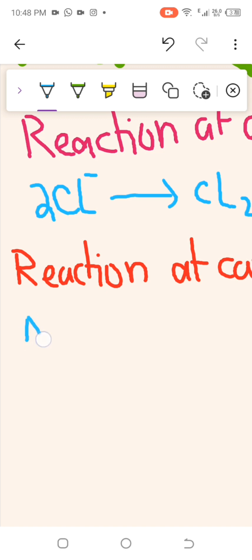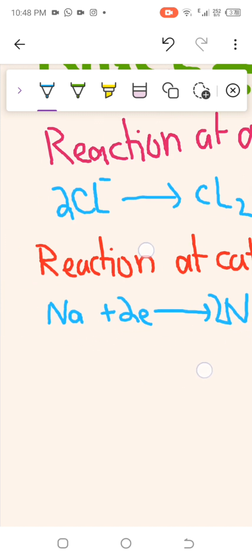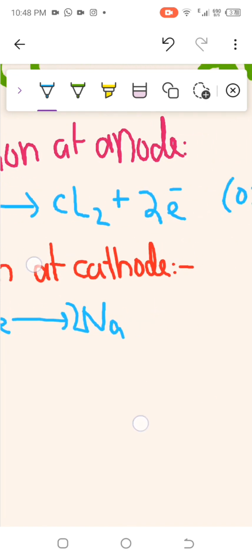Na positive will gain 2 electrons and be reduced to 2 Na. So this is the reduction.